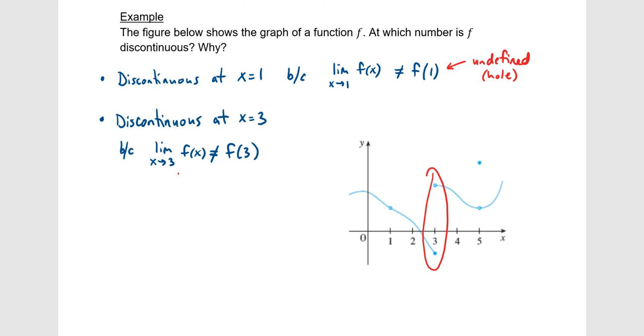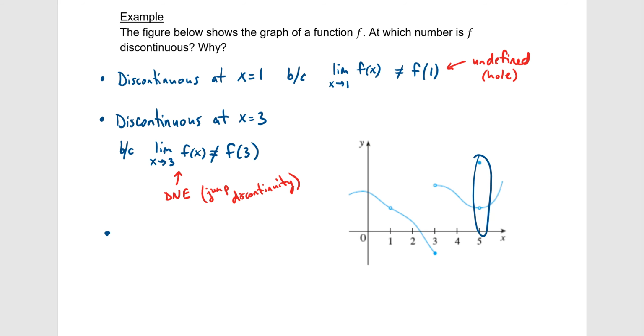And this time the reason for that is because the limit does not exist, because there is a jump discontinuity. If we haven't said that phrase yet, a jump discontinuity essentially just means the limit from the left does not equal the limit from the right, so we know the limit in general does not exist.